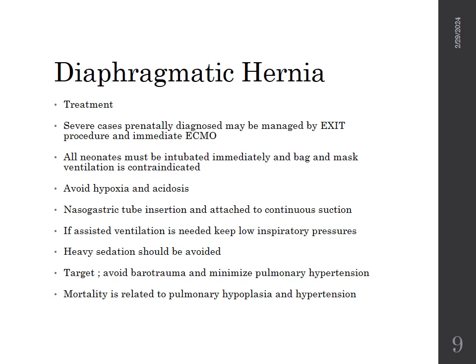Absence of coexisting anomalies, especially cardiac, also gives a better prognosis. Early oxygen tension and carbon dioxide tension can also help predict the prognosis of the patient. So this is how we can partly predict how the case is going to go.